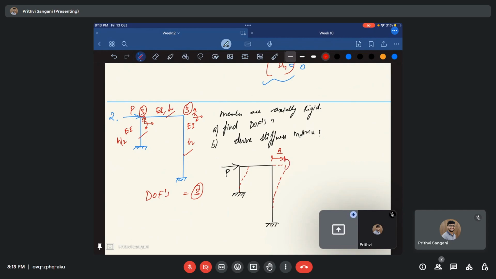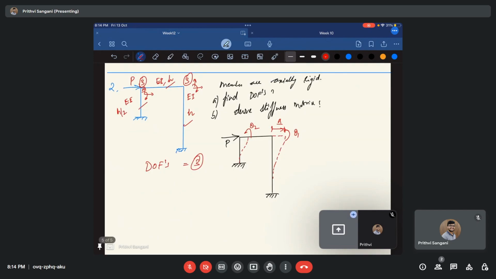It can have a rotation theta, and it can have a rotation here that is theta 2. Apart from this, there are no degrees of freedom coming in these members. The reason is that we are told, or we are assuming, it as an axially rigid member. So the axial deformations are zero. So degrees of freedom is 3.